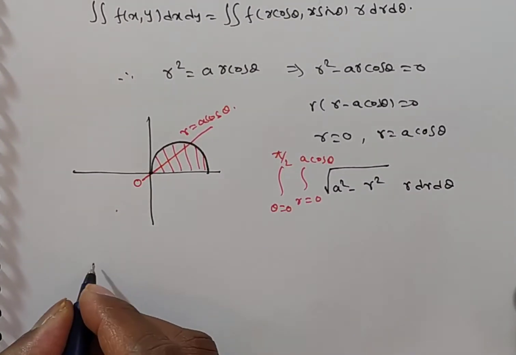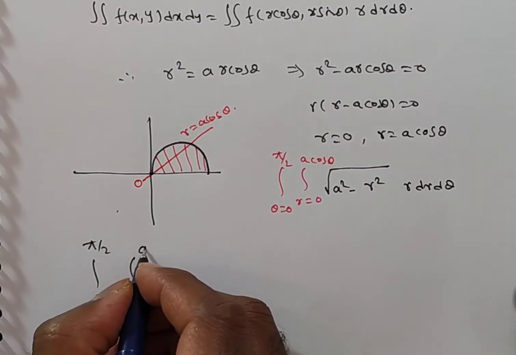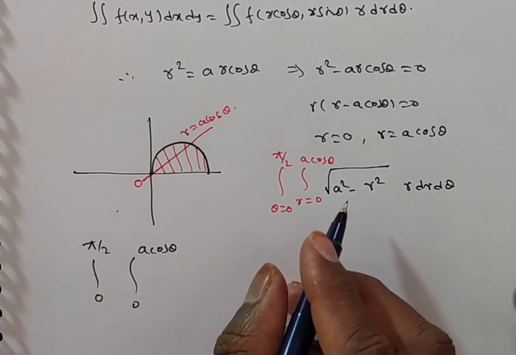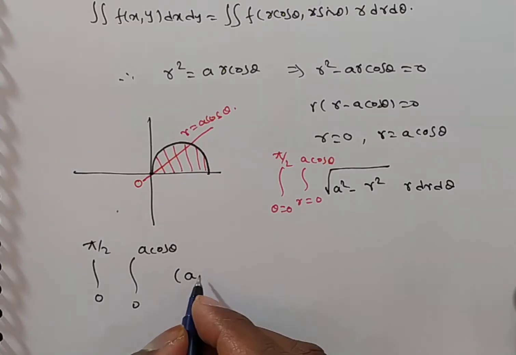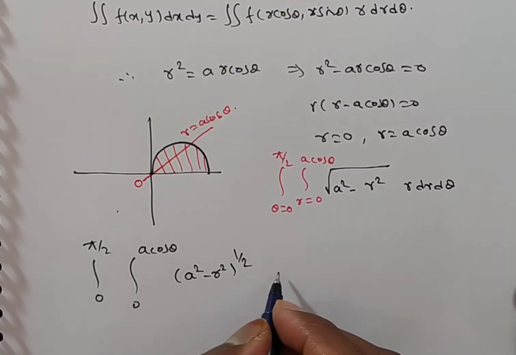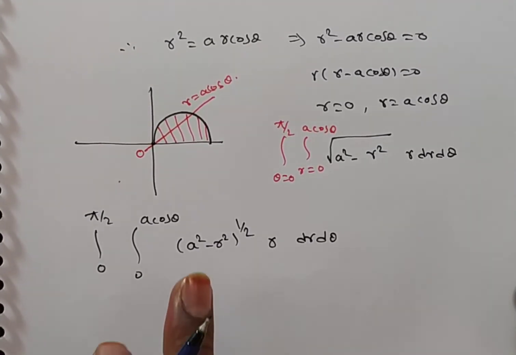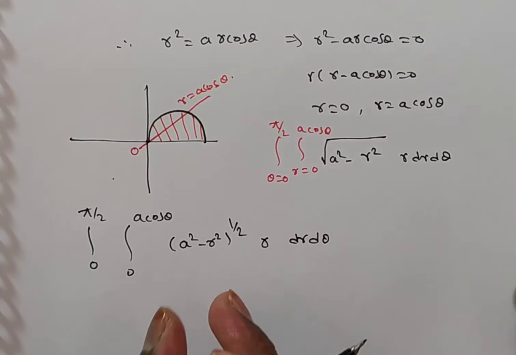Now you see, integral from 0 to pi by 2, integral from 0 to a cos theta. Friends, this square root of a square minus x square, a square minus r square, I can write all to the power of 1 by 2 into r dr d theta. Now you see friends, this one is like bracket power n form.